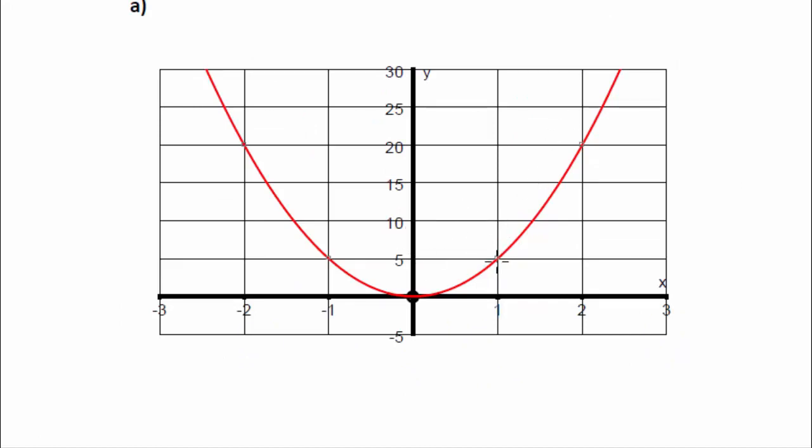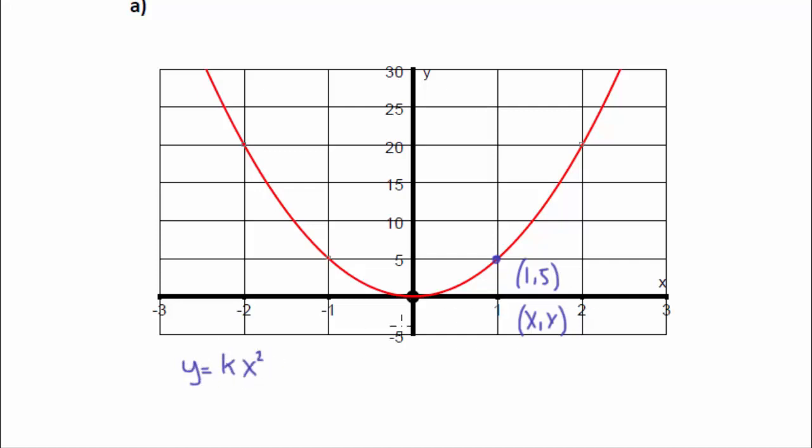Again, just pick a point. I'll pick the first one I can see, the coordinate 1, 5. Remember, that's your x, so x is 1, y is 5. Again, y equals kx squared.